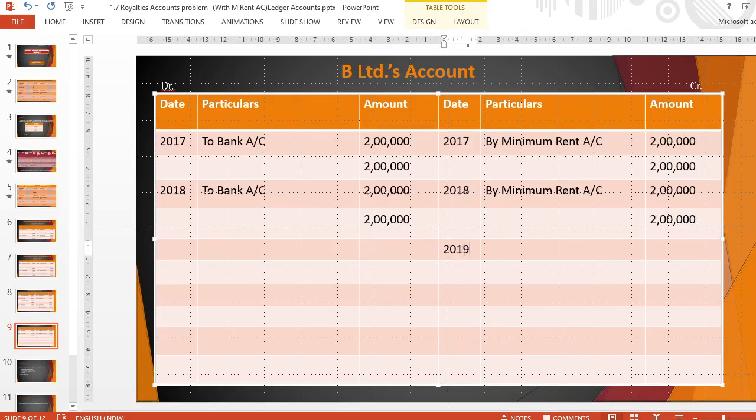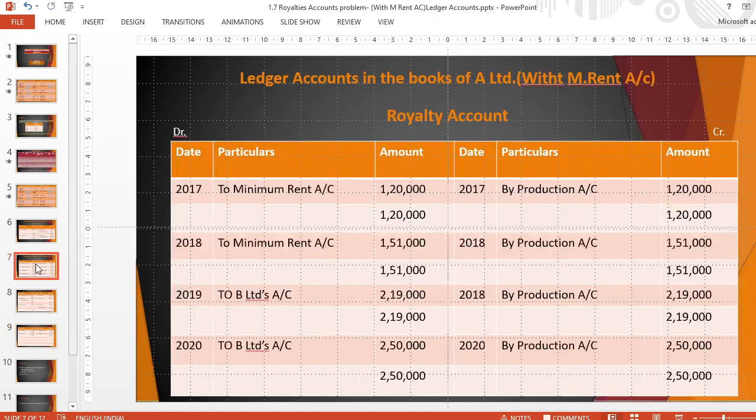In the year 2019, we should remember we have not prepared minimum rent account. We have prepared only royalty account, so we should be careful. Instead of minimum rent account, we have prepared royalty account. You can check in the royalty account, we have passed an entry to the lessor, that is to B Limited's account.